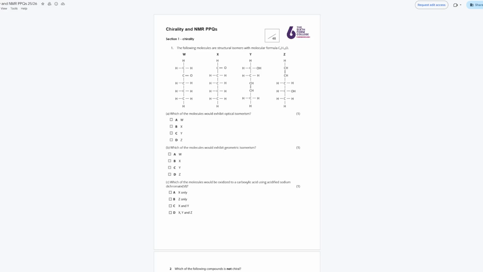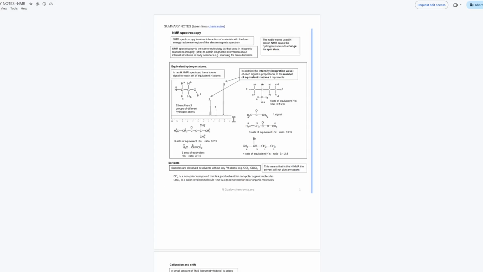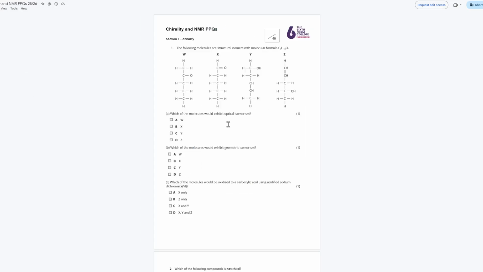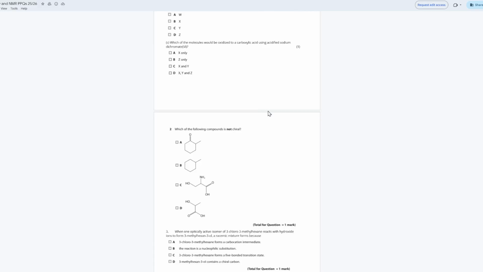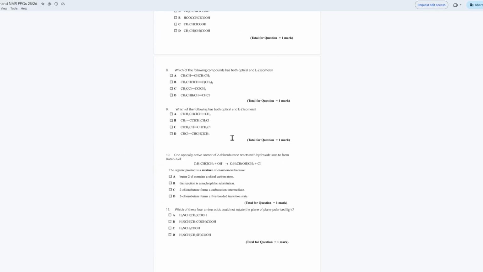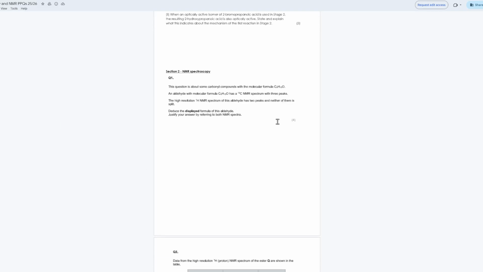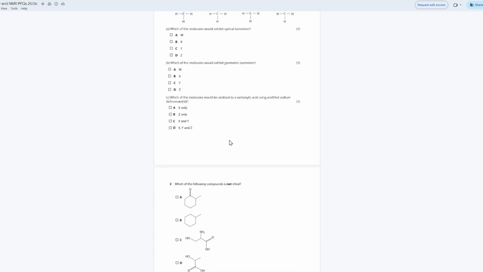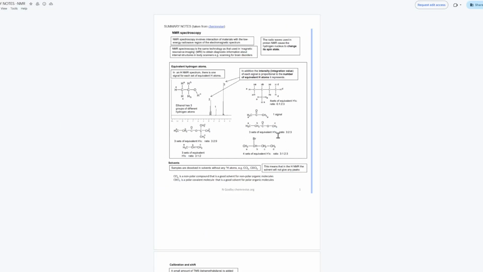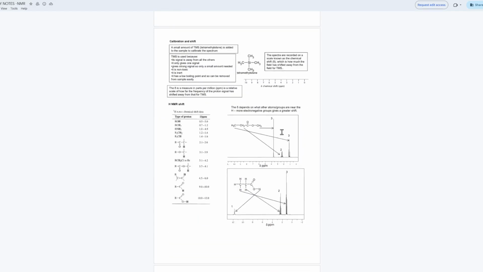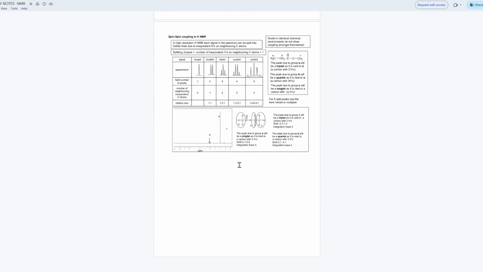Okay, so I'm considering reading through the notes first. These are the ones on NMR. I'm presuming section 1 is chirality, so I think I'll read through chirality quickly, and then when we get about halfway, switch to NMR. So let's check out chirality first.